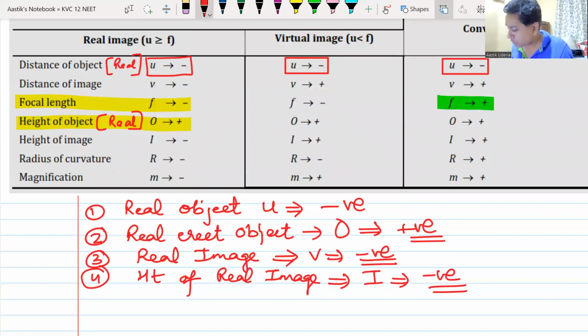Is it so complicated to understand? Yes or no? If the object is real, u will be negative. If the object is erect, height will be positive. If the image is real, v will be negative and the height of the real image will be negative. Do we understand this?